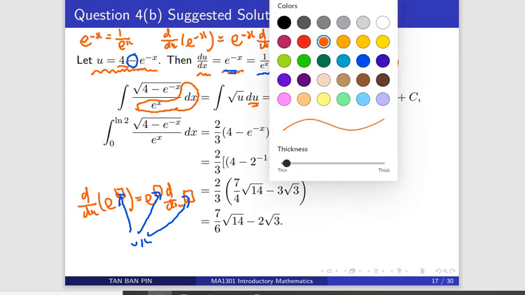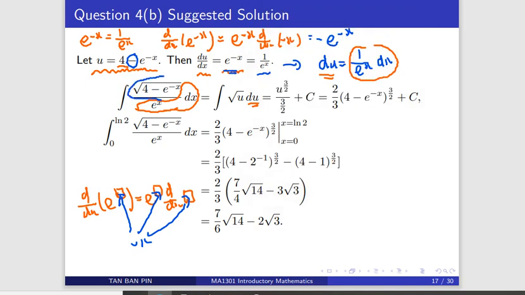As the other term, the square root of 4 minus e power minus x is just square root u. Integrate square root u du is the same as integrate u power half du. So it gives you u power 3 over 2 divided by 3 over 2.